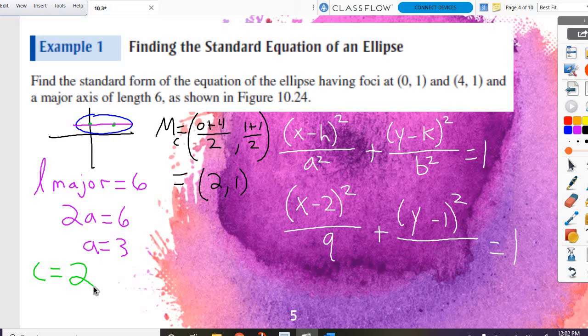But it takes us 2 units to get to 0, or 2 units to get to 4. Either way. So then, like you said, we can use that formula that we had on the previous page because we know A and C, so we can plug that in to find B.